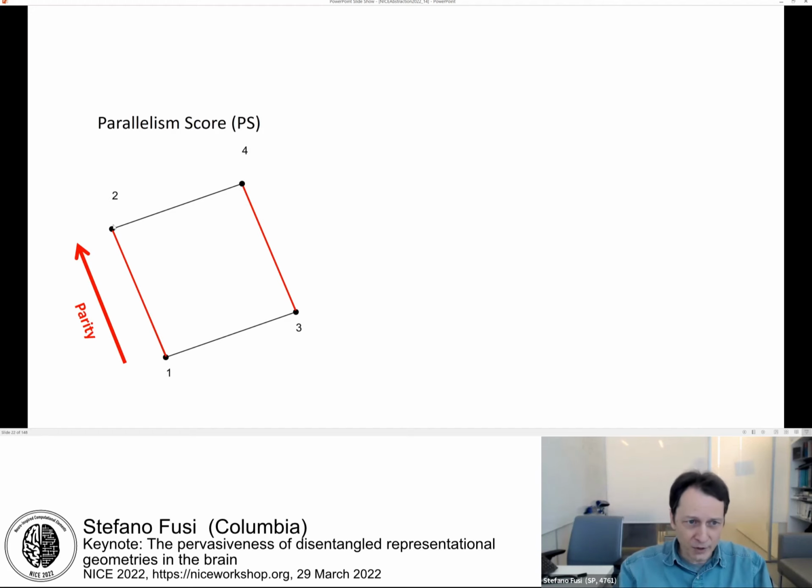One important property of these representations is the parallelism of the coding direction. So we define a parallelism score that looks directly at that. And parallelism is never obvious in a high dimensional space. So if you find it, then you can actually set up a very nice statistical test to say for sure this is a representation that has something special.